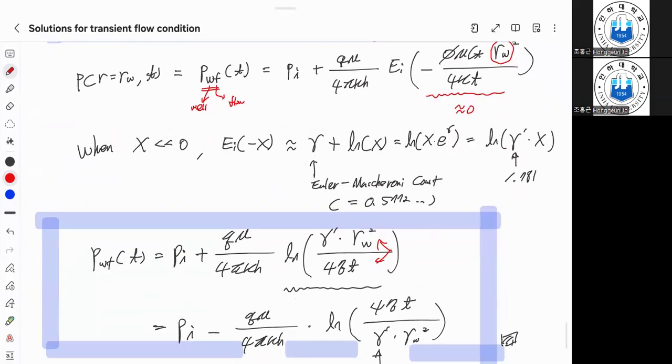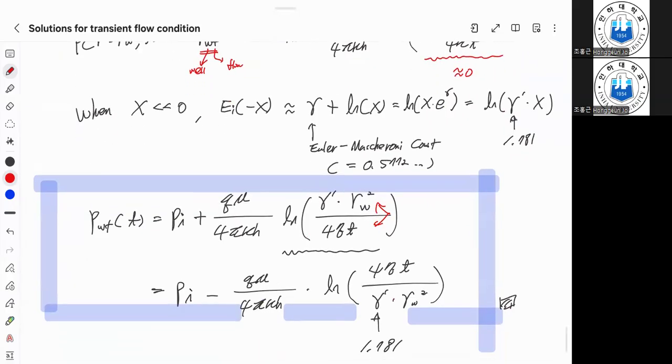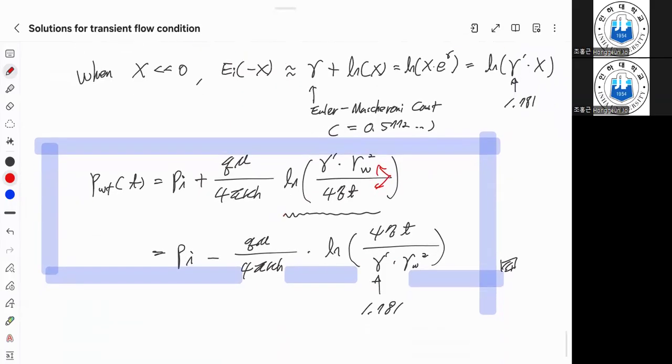This can be approximated to this logarithm function, and we have the final expression of the variable pressure over time. This will be used again in the PTA, pressure transient analysis. All right, I think this is what we have today, and good luck.